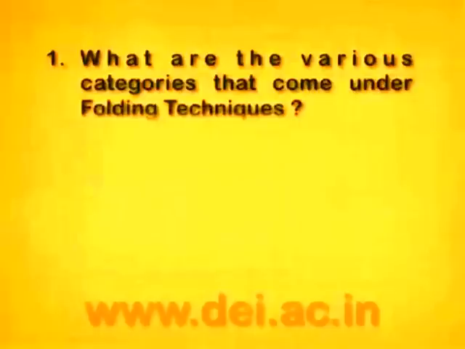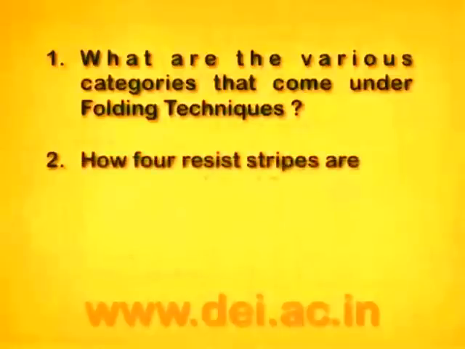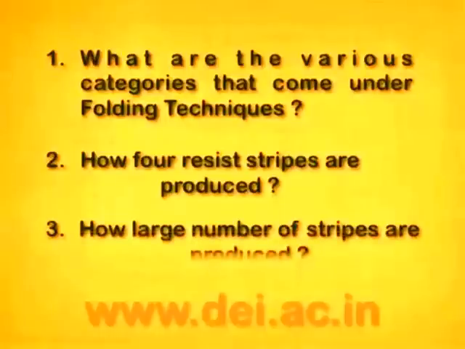What are the various categories that come under folding technique? Question number 2. How are simple stripes produced? Question number 3. How is a larger number of stripes produced? If you have answered these, let us continue.